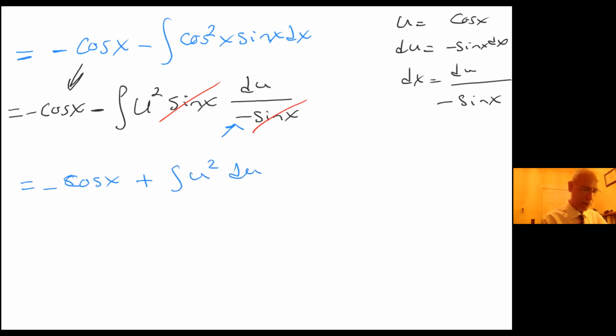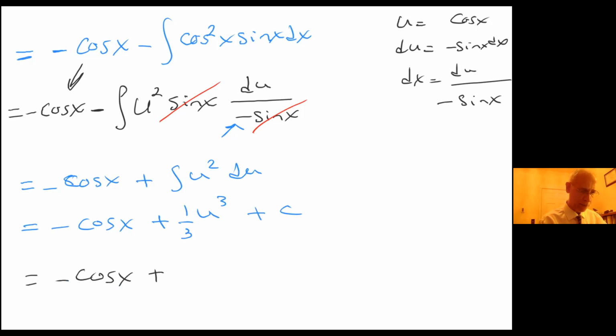So that equals minus cosine of x plus u to the 3 times 1/3, plus c. And one last step, I can rewrite this as minus cosine of x plus 1/3. U was cosine of x, so I'm going to write cosine cubed of x plus c.